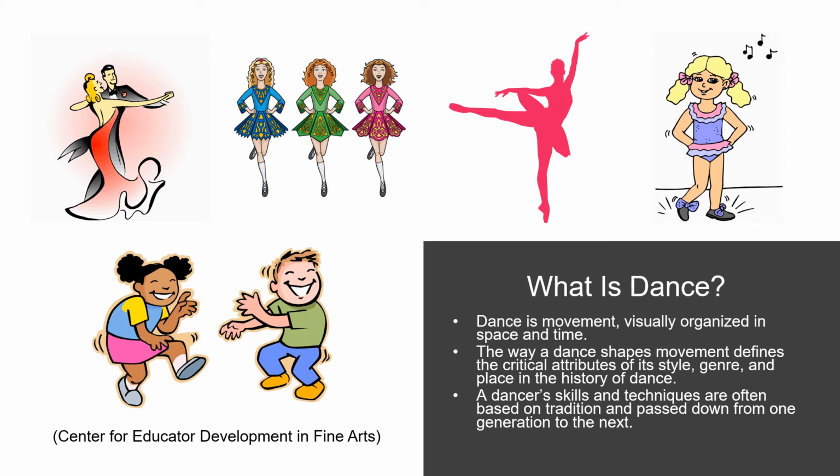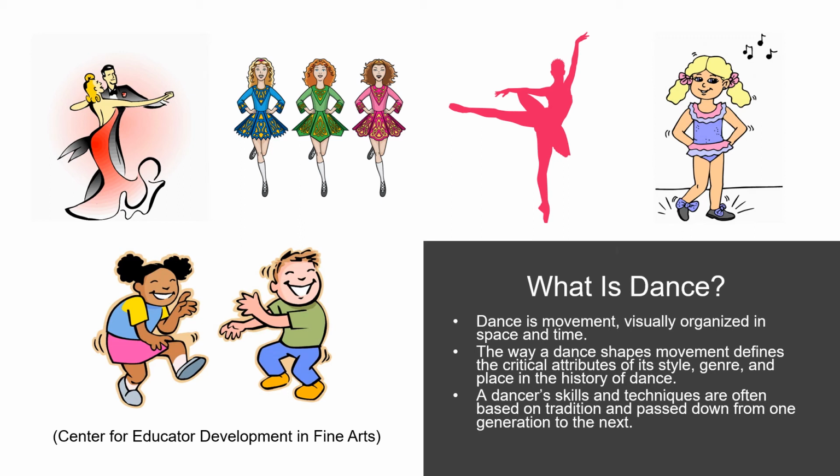Dance is movement that's visually organized, both in space and in time. And the type of movement defines a lot of aspects of that dance, its style, its genre, and also its place in the history of dance.